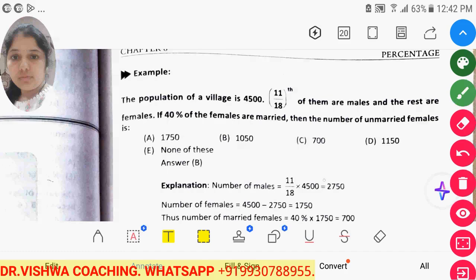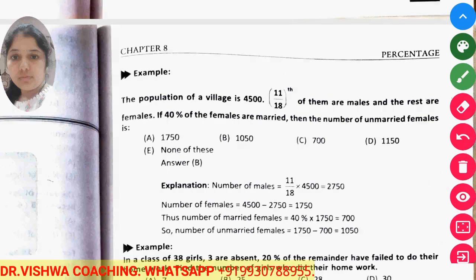The population of a village is 4500 and 11 upon 18th of them are male, the rest are female. If 40% of the females are married, then you have to calculate the number of unmarried females. Now you know the total number.